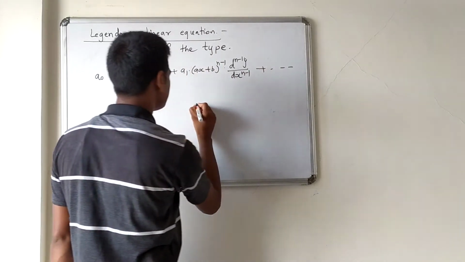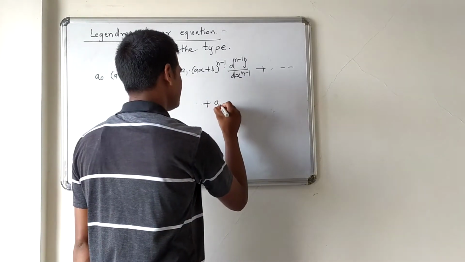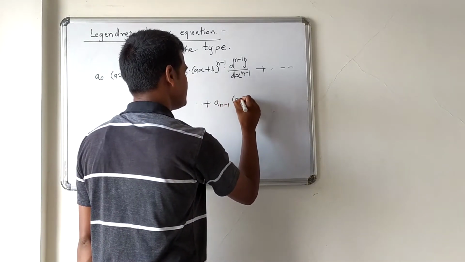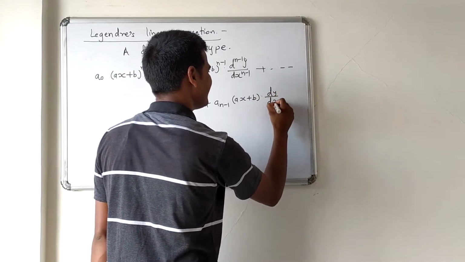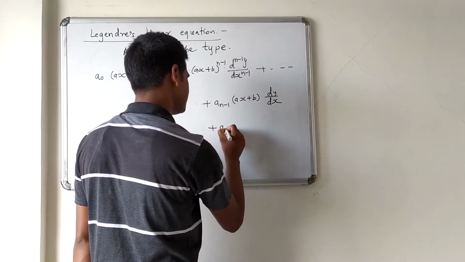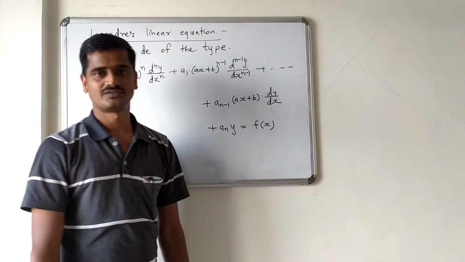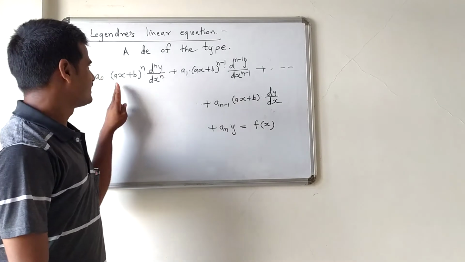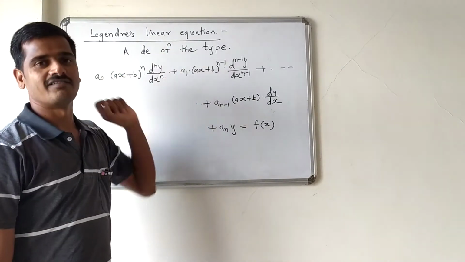You continue in this way, and the second last term is a(n minus 1) into (ax plus b) into dy by dx, plus an y is equal to f of x. So this is the form of Legendre's linear equation.